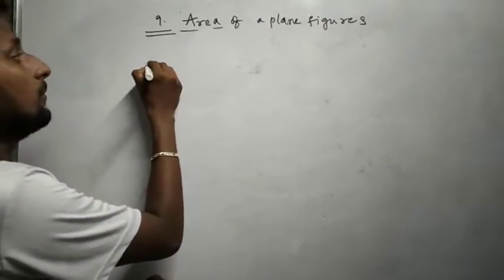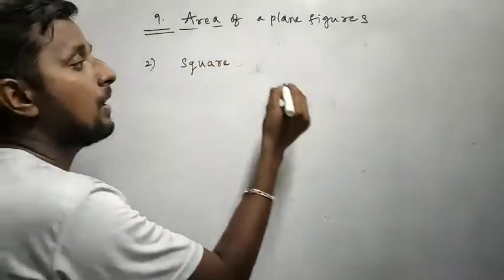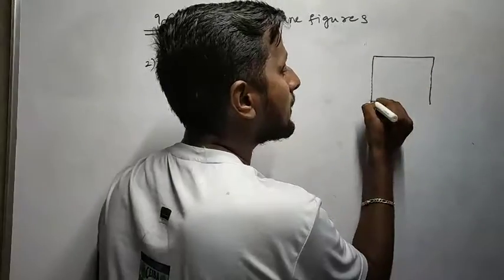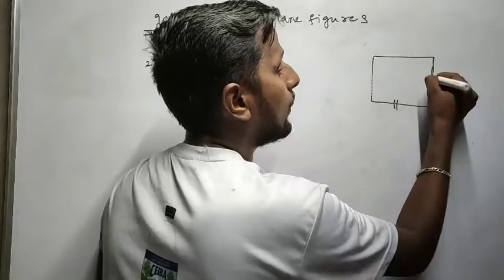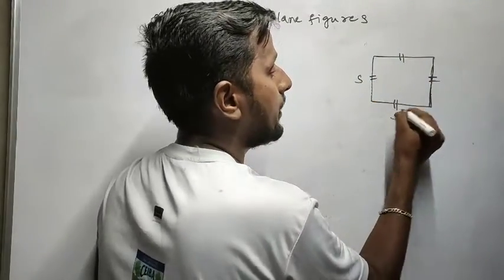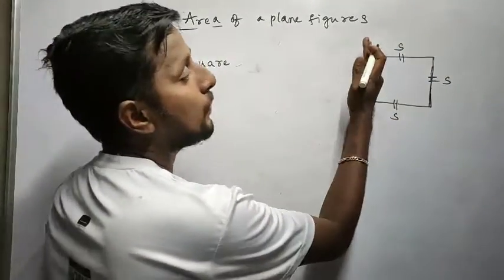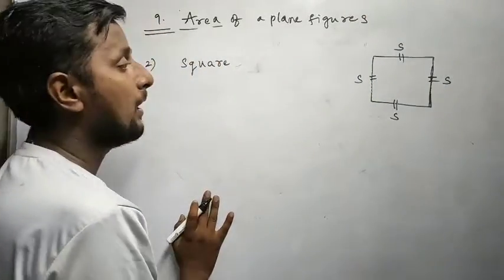Next, square. As we know, in the square all sides are equal. If you think it is 4 centimeters, it is also 4, it is also 4, it is also 4.